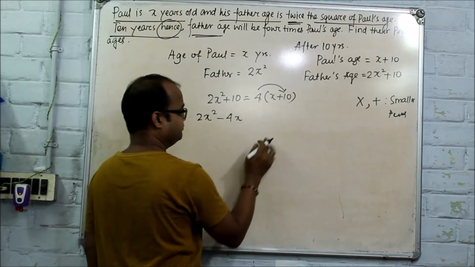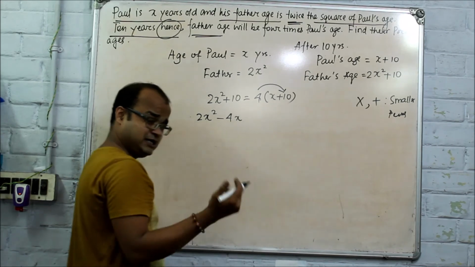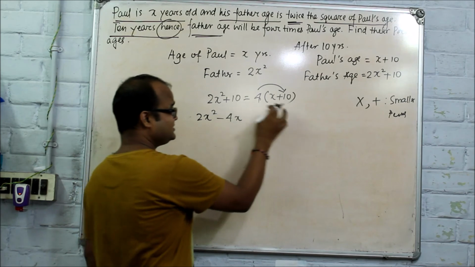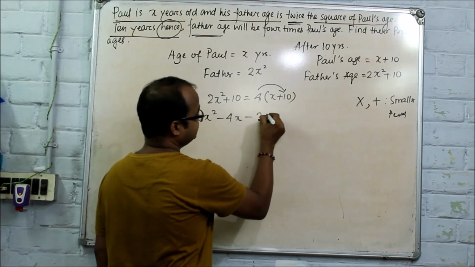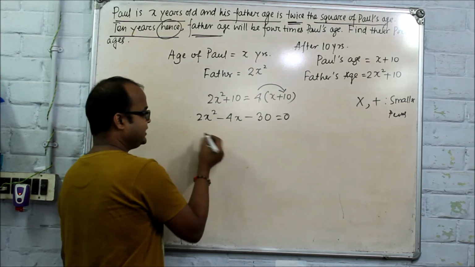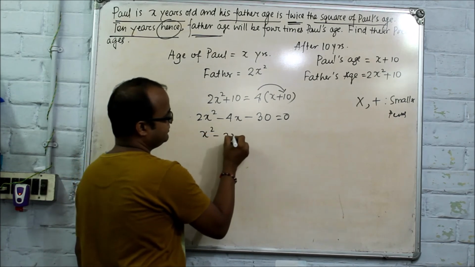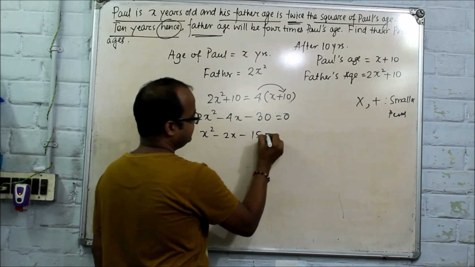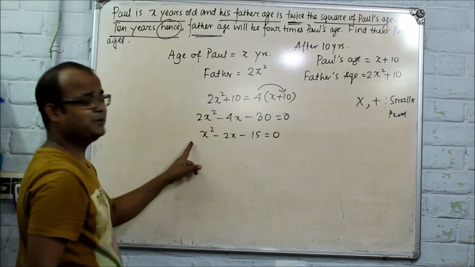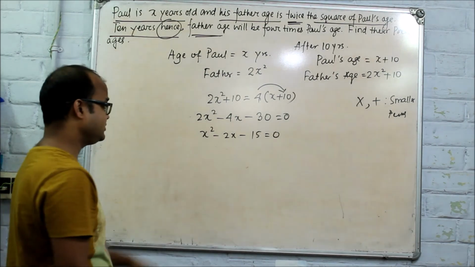So if you bring 40 here, you will get minus 40. So plus 10 minus 40 is equal to minus 30, is equal to 0. We can take 2 common. So x square minus 2x minus 15 is equal to 0. Simple. So I prefer to go for the factorization method.